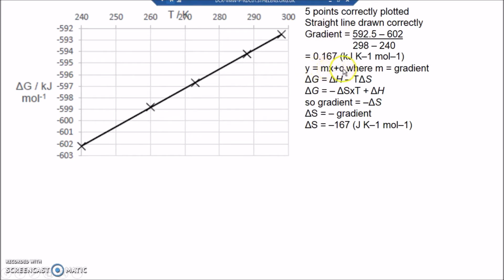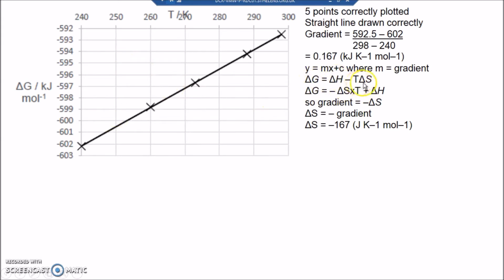Now, y equals mx plus c. The y value equals m, which is the gradient, multiplied by x, whatever's on the x-axis, plus c, a constant. So Gibbs free energy change delta G equals delta H minus T delta S. You could rearrange that slightly so you can see how it matches up with y equals mx plus c. Delta G is up the y-axis, so that's the y bit, equals mx.